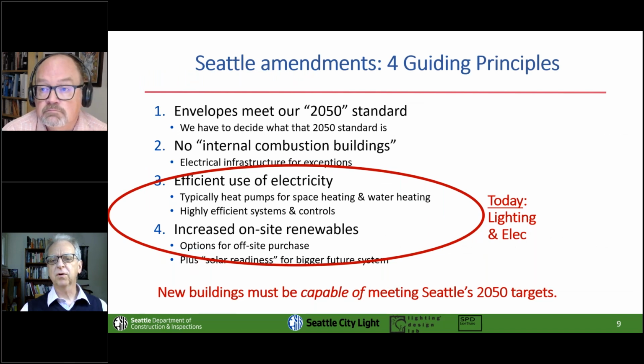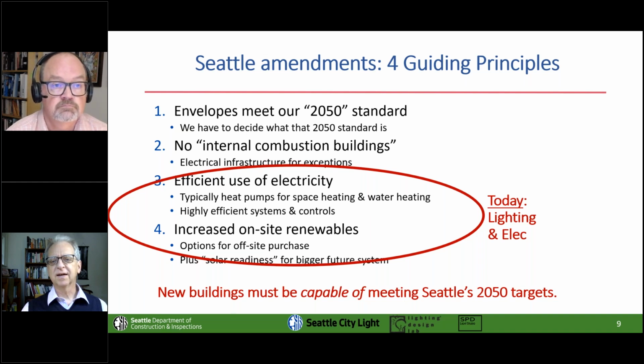Another chart you've seen before: we're focused on these four basics for moving the Seattle code forward over these last several years, and today we're not just doing lighting, but we're doing lighting and electricity.